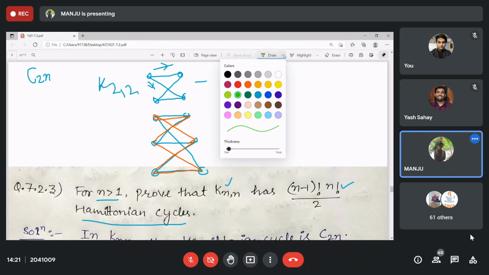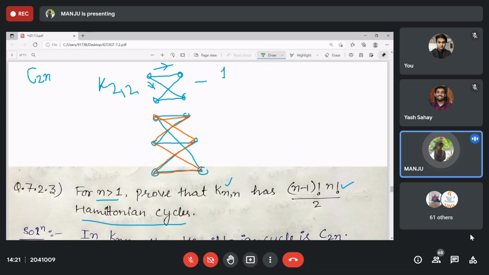Another one: you can come to this one, that will be again the same thing. Oh no, not this one, we have counted this. This to this, this to this, this to this. So how many? 3 cycles we have done.